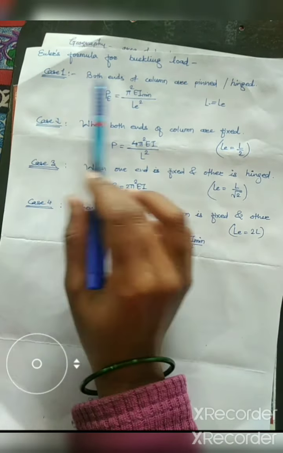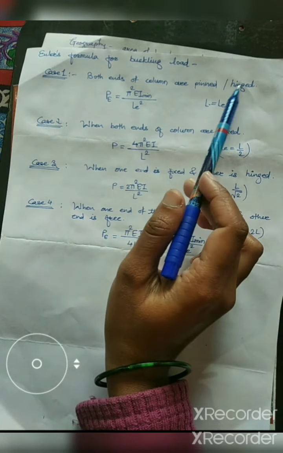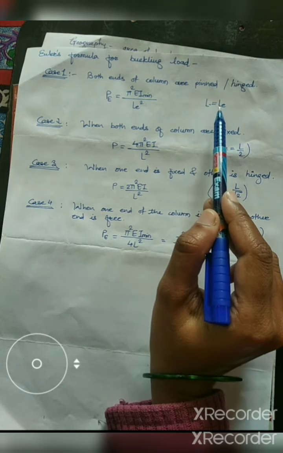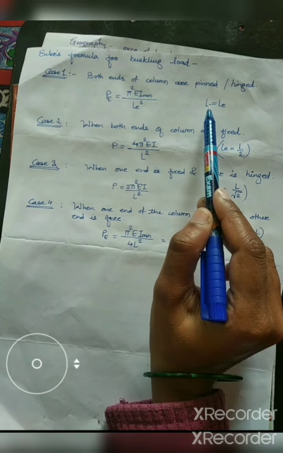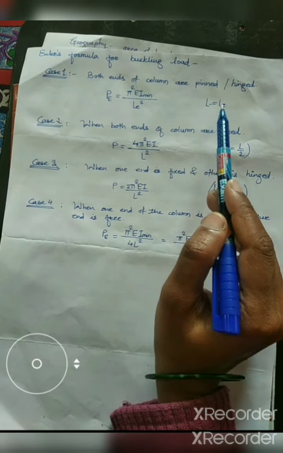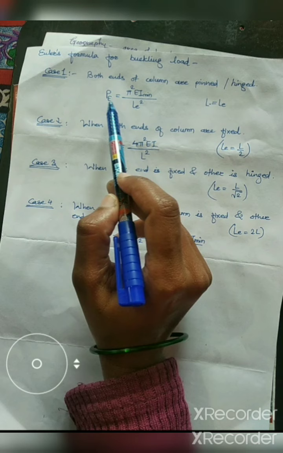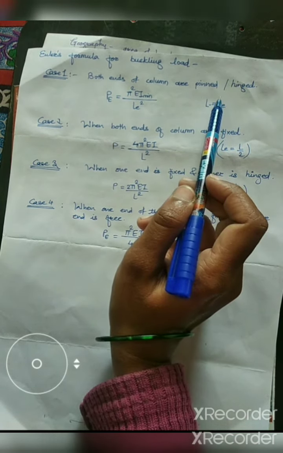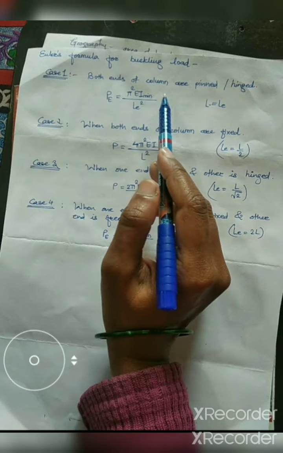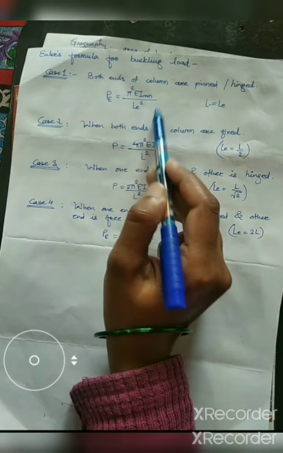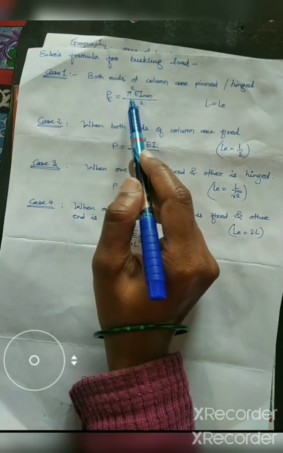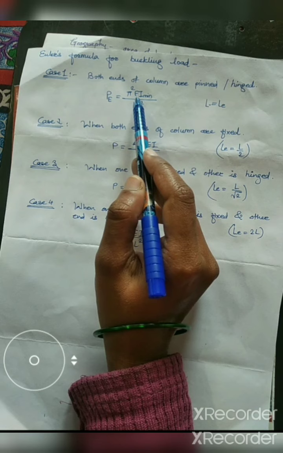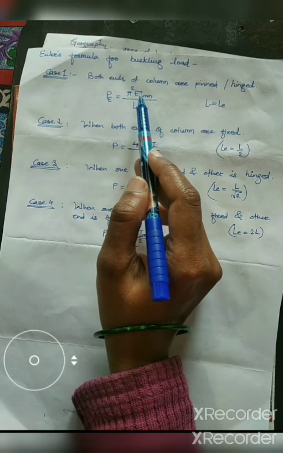Case 1 is when both ends of the column are pinned or hinged. For that case, the effective length is equal to the actual length. So the critical load of the column for this condition is calculated by the formula pi square E I minimum divided by LE square, where E is the modulus of elasticity, which all of you know.